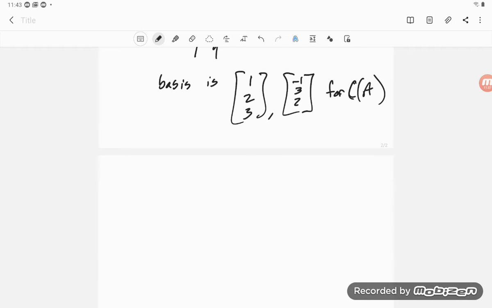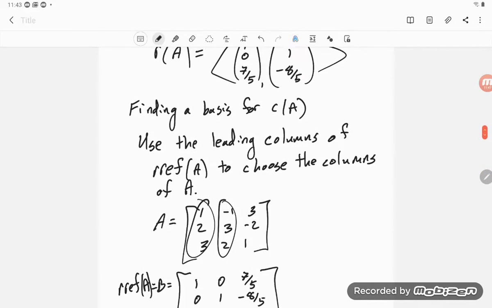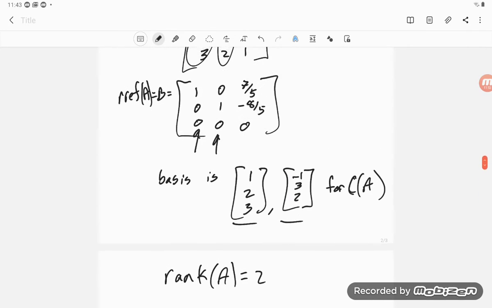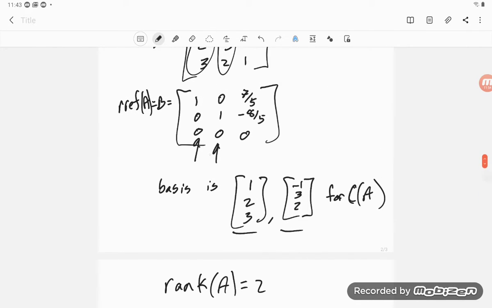Oh, well, what I want to say was, so again, we see two vectors. The rank of A is 2, right? And it didn't matter whether we used the column space or the row space. In both cases it's based on the leading columns, right? Because in the row space, each leading column makes a new row.